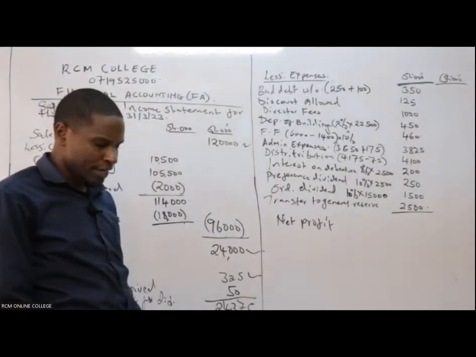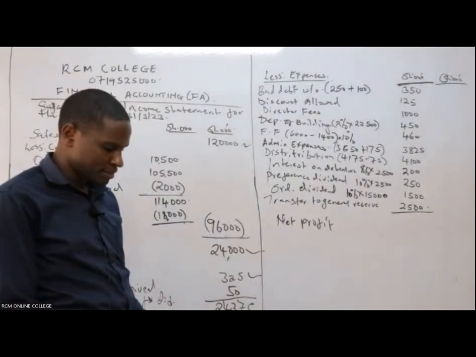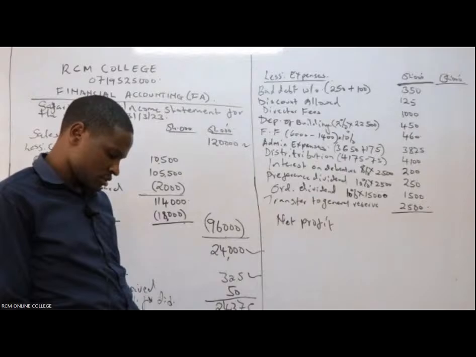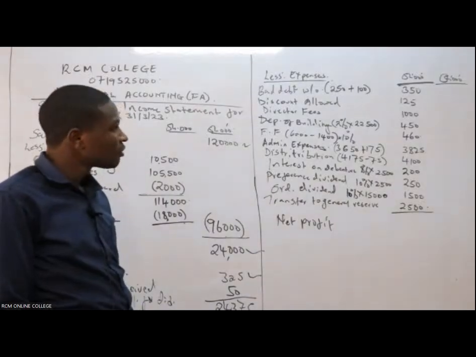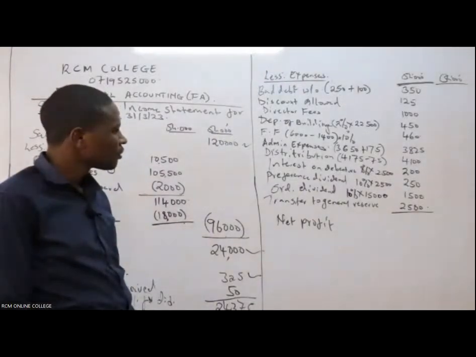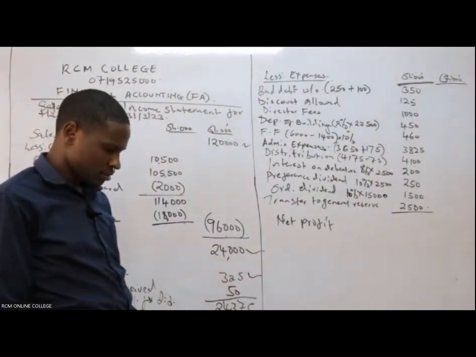Or there's an item we left out. Can you check under expenses whether there's an item we left out? Okay. 200, interest paid. Already that one is taken care of. Okay. Preference dividend. Yes.